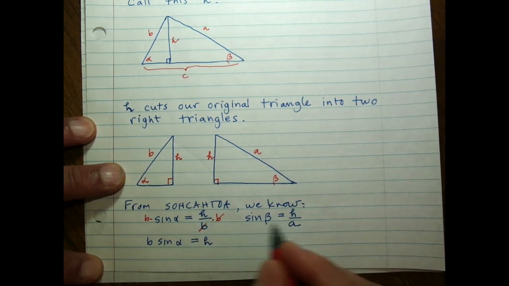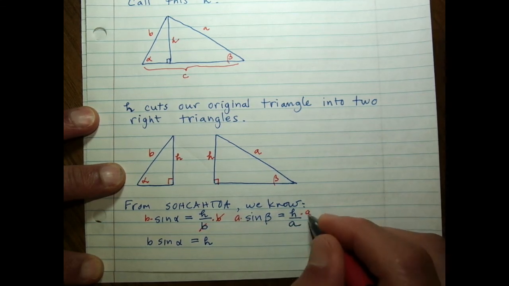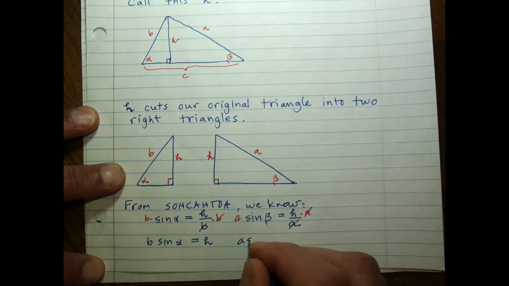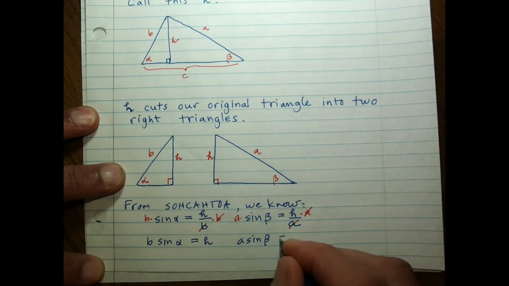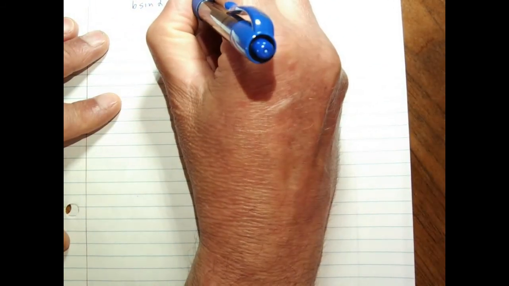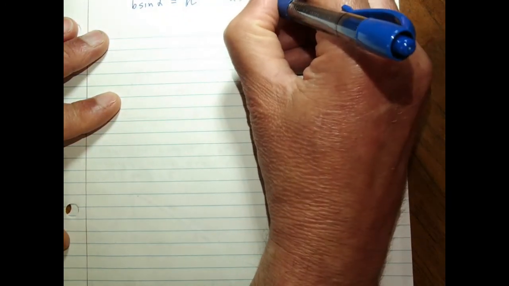And on the sine beta equation, I'm going to multiply both sides by a so that I can cancel the a in the denominator, and I get a sine beta equals h. Let me just recopy those. We got b sine alpha equals h, and we got a sine beta equals h.